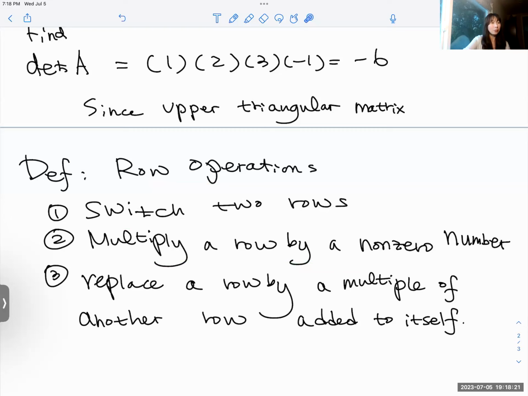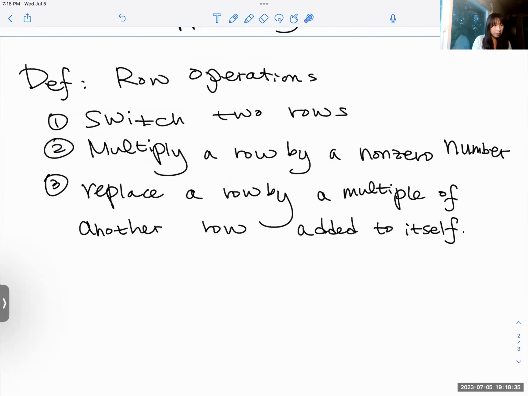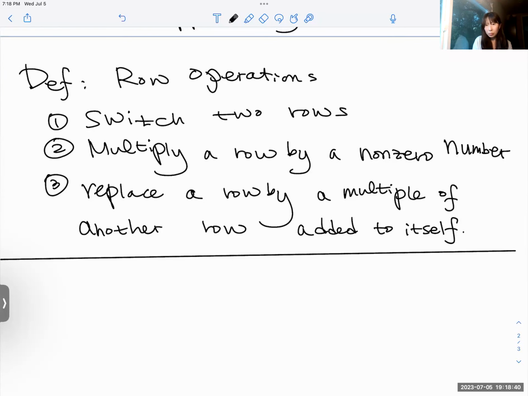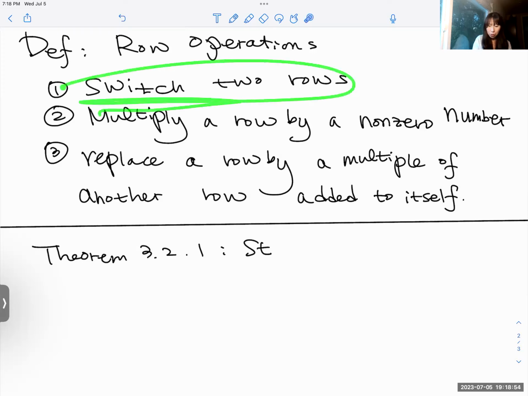Now, in this section we are talking about determinants, so it's related to the row operations with the determinants. Let's take a look. Theorem 3.2.1, switching rows.